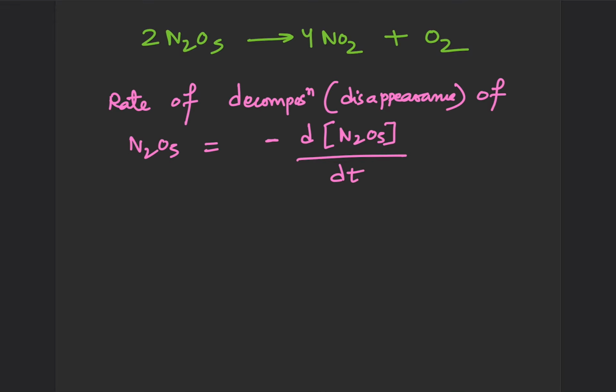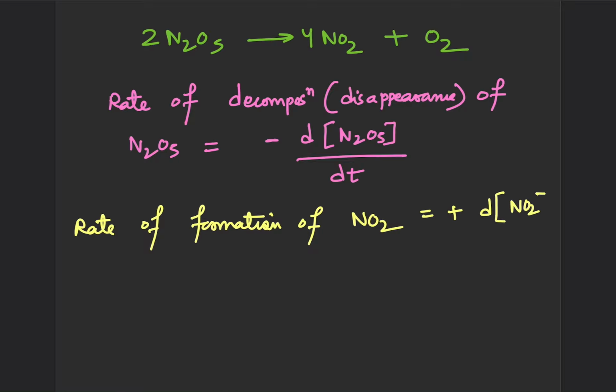Okay. Similarly, the rate of formation of NO2, because it is the product, will be equal to plus d of concentration of NO2 divided by dt.